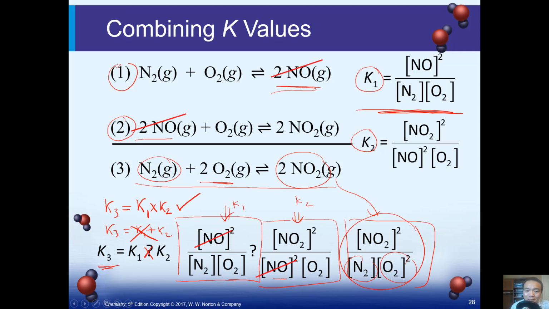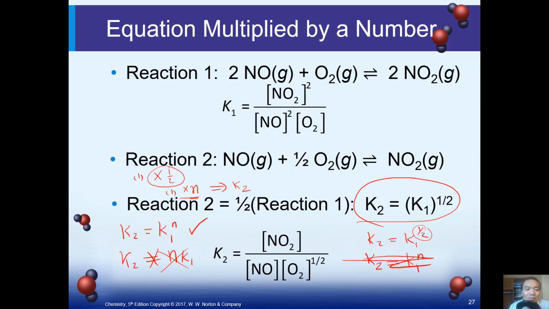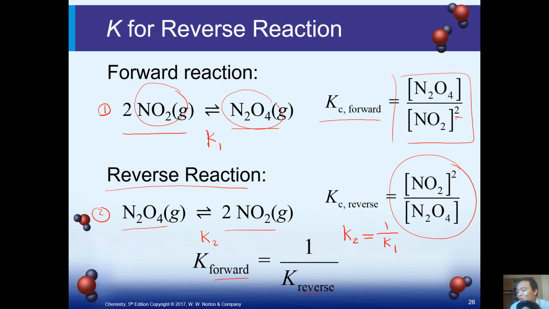Now let's go back a little bit and review a topic we talked about previously, so you can learn a little more about this. If you do a reverse reaction, and we study not the equilibrium constant but delta H1 and delta H2, what's the relationship?